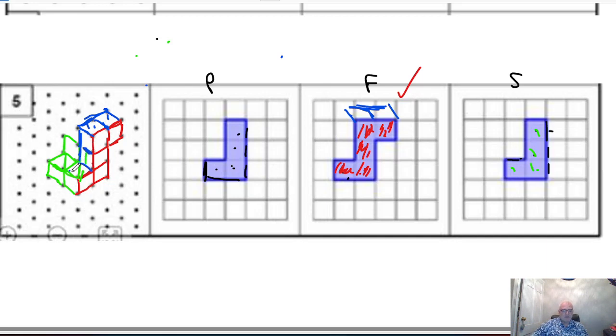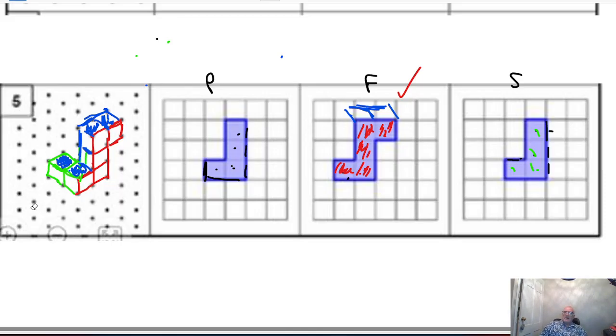Okay, so I can see this square here, I can see this square here, this square here, and I can see this square at the bottom here. Okay, so again, we've got a couple of lines we need to get rid of, and that's the shape I've got.